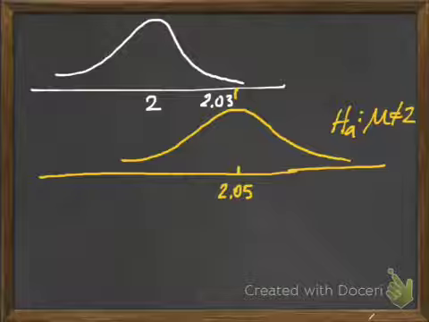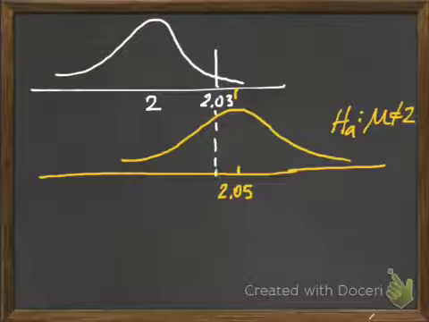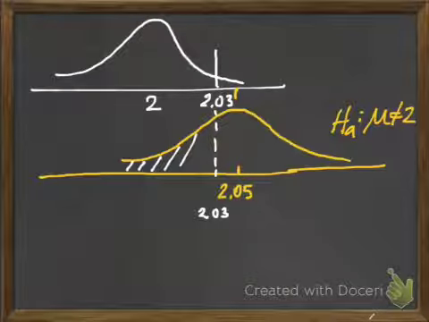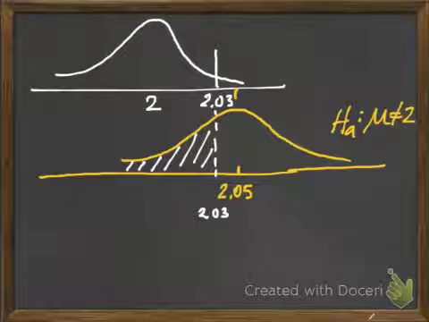Let's take a look here. We still have the same value from above. So let's put this back in white, and that is the 2.03. This was cutting off the 5% tail, but we're going to bring this down, and this is still 2.03, just on a different bell curve. And this is where we are going to accept a salty chip, right?